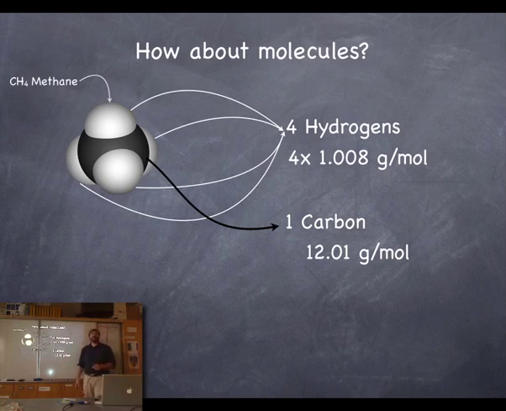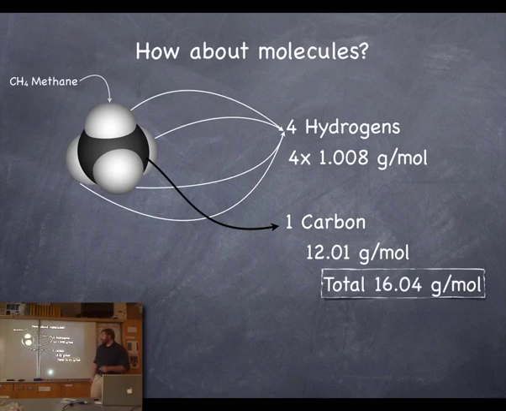If I want to know the weight of the molecule, I simply add up the values for all the atoms in it. 1 carbon plus 4 hydrogens gives me a total of 16.04 AMUs for 1 methane molecule, or 16.04 grams for a mole of them.